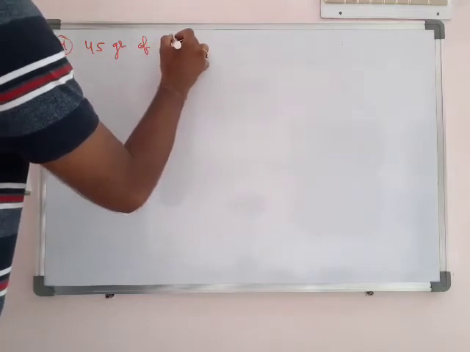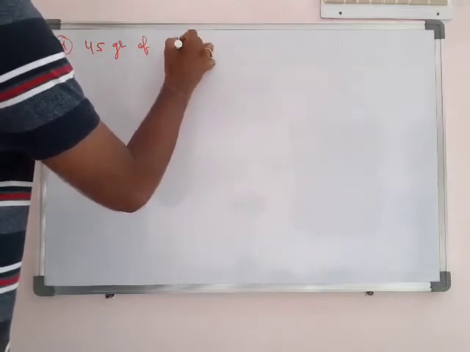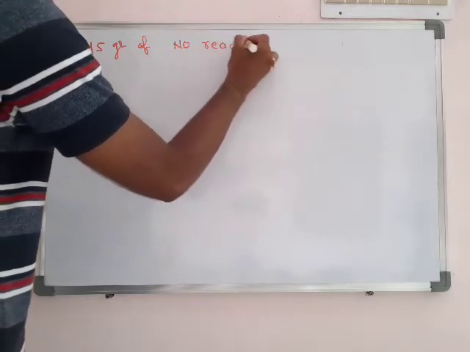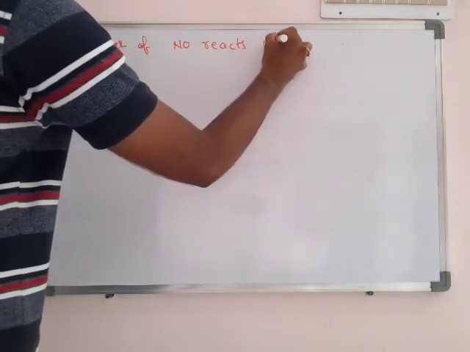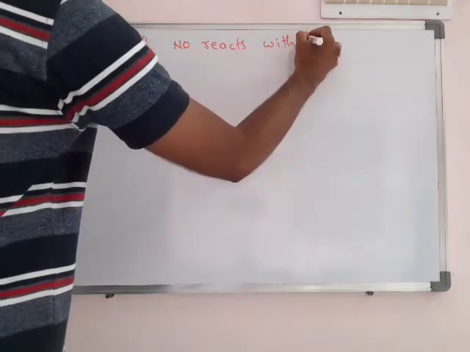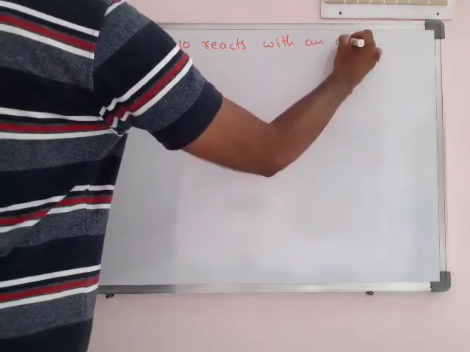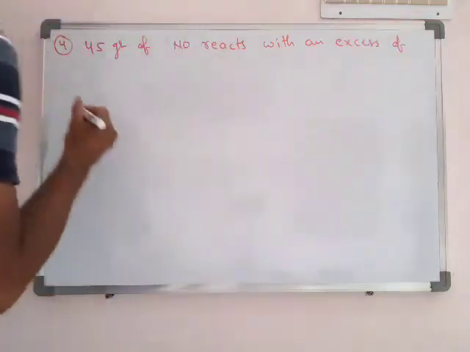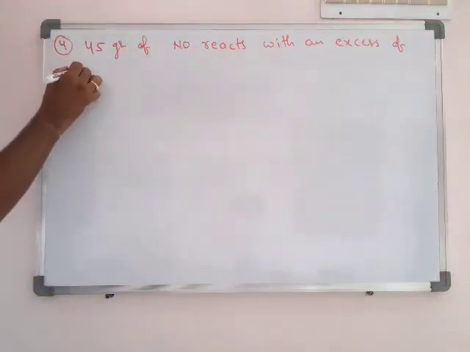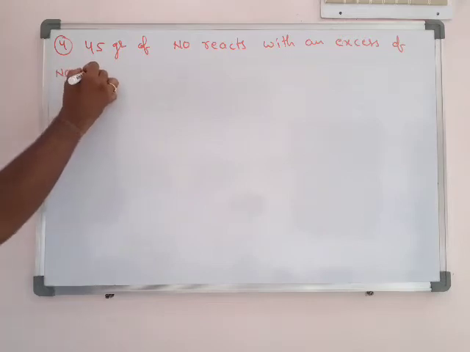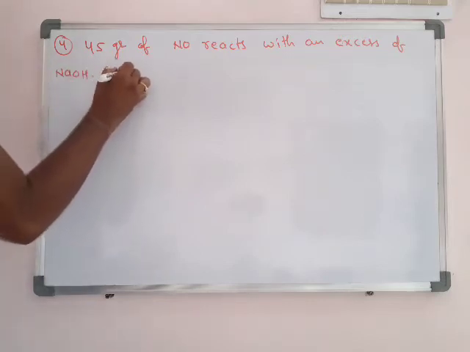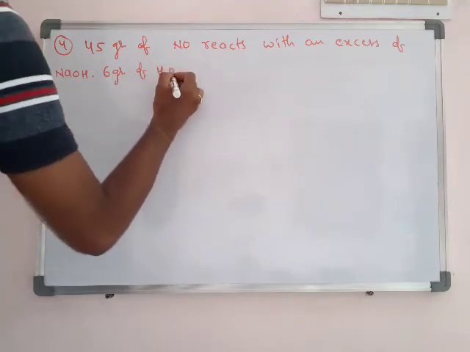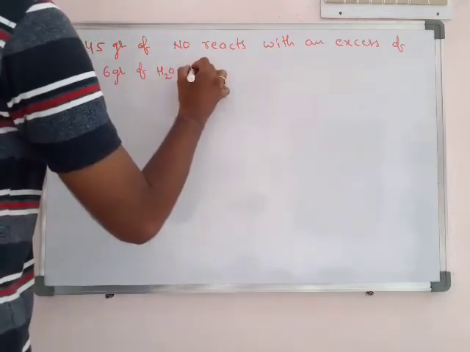See, one more problem. 45 grams of nitric oxide reacts with an excess of NaOH. 6 grams of H2O were obtained.